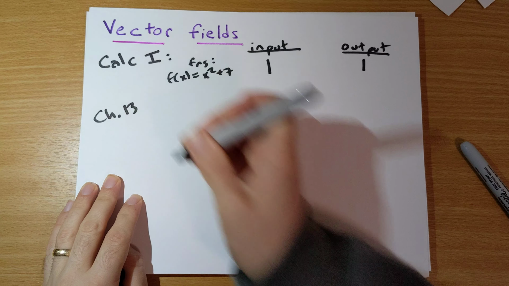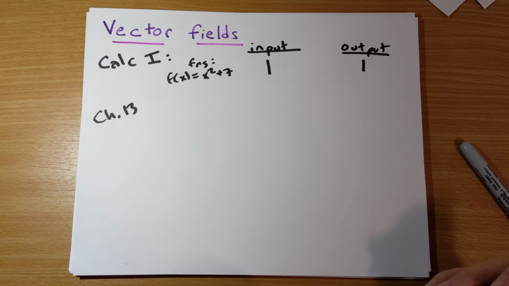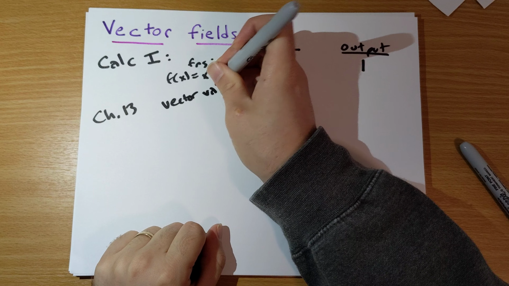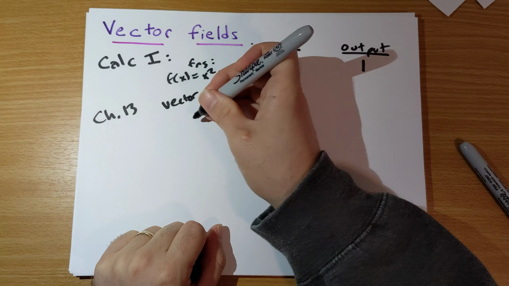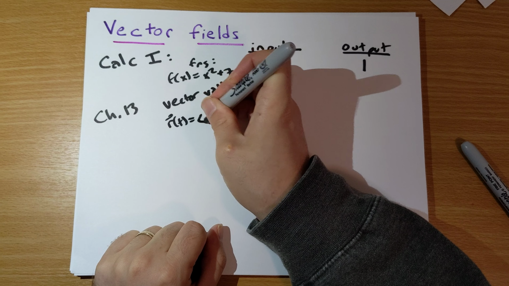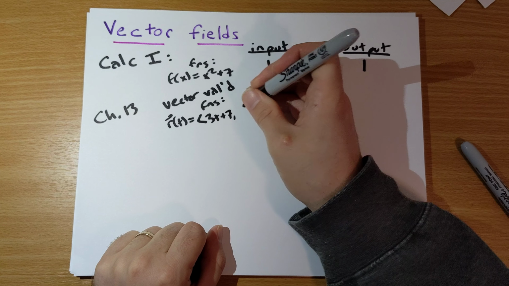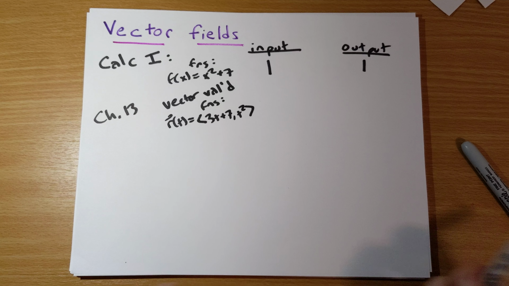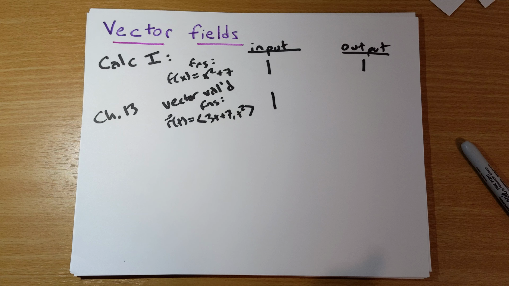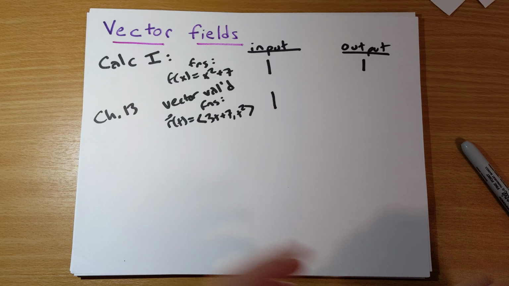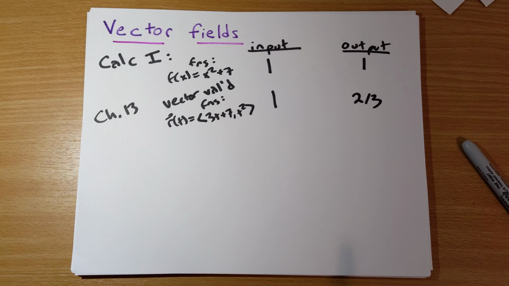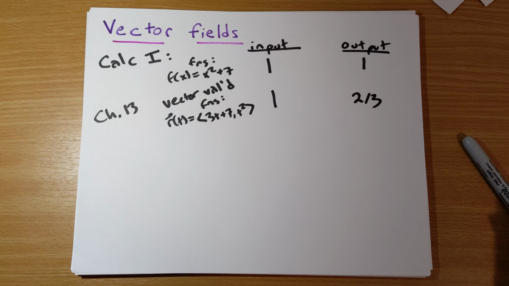But we're in multivariable calculus right now. So in chapter 13, we started to do vector valued functions, something like r of t is equal to 3t plus 7 comma t squared. There's one input to this kind of function, t, but then there are two outputs here, or three outputs. So we had a vector valued function living in space.